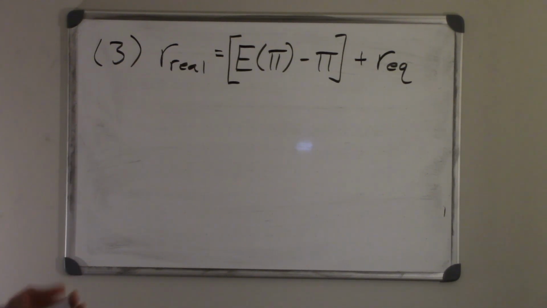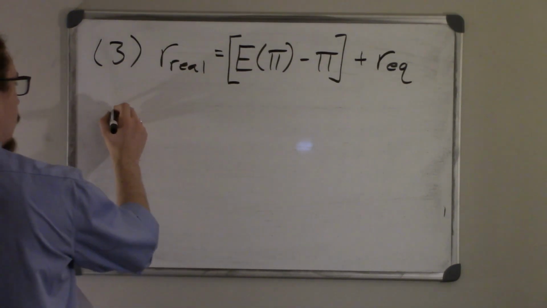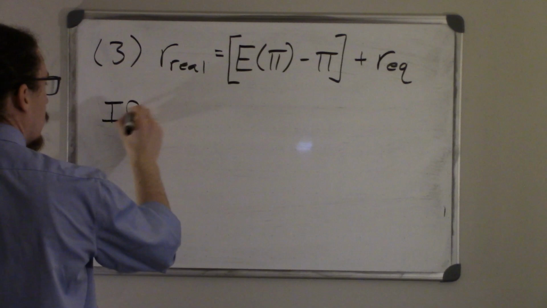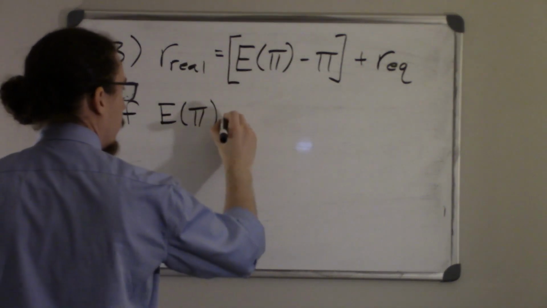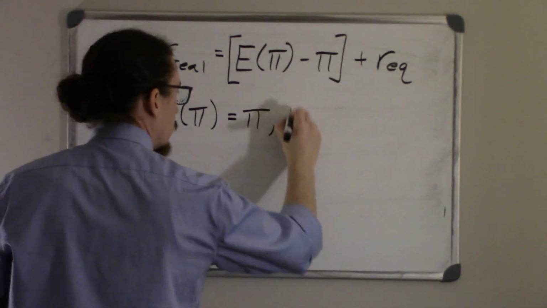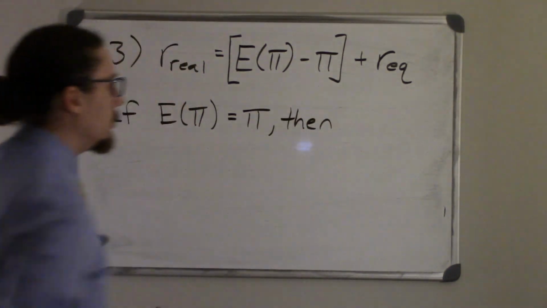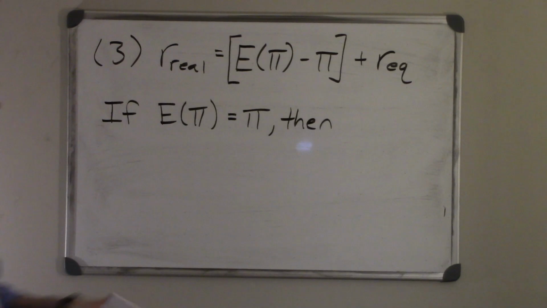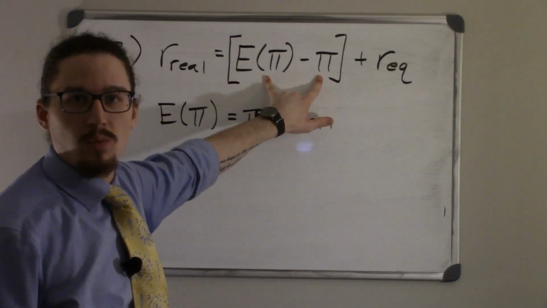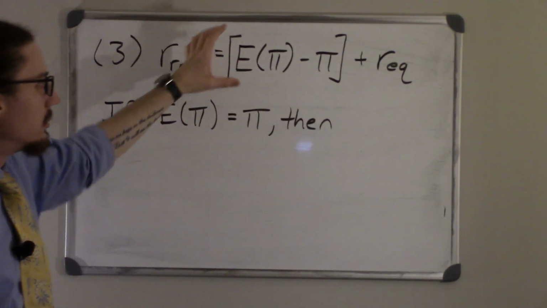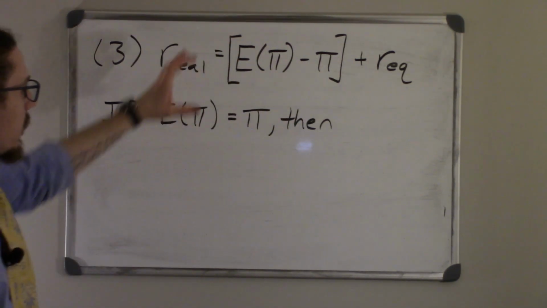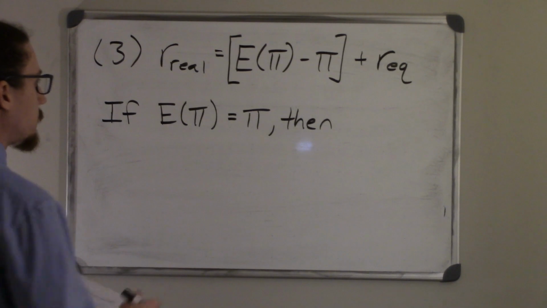The reason this is important is because this is going to show us how wealth is redistributed. All right, so as we said, if the expected inflation rate is equal to the actual inflation rate, right, then we're going to get 0 for this term in the brackets.